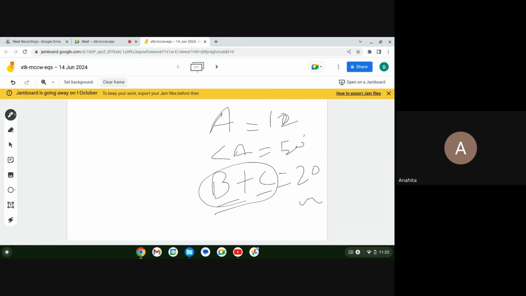Okay, so you would start with the base, one side is given, right? So you'll draw that side. 12 centimeters you have drawn. Then you have an angle also, so draw the angle also. Now comes the question. Which point is this point, this point?